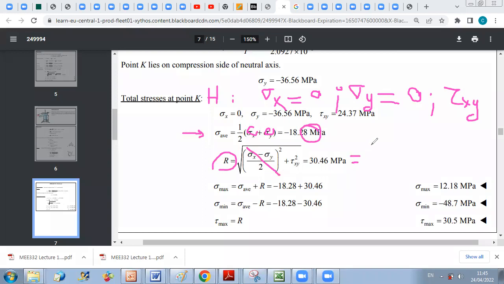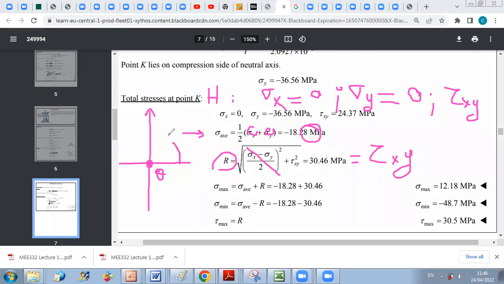So it's equal to tau xy. So if you want the circle corresponding to point H, this circle is centered at the origin, because we know that the center of the circle in general has coordinates sigma average, 0. So the center will be just at the origin.